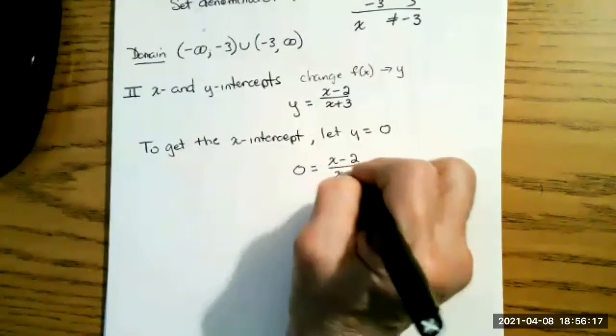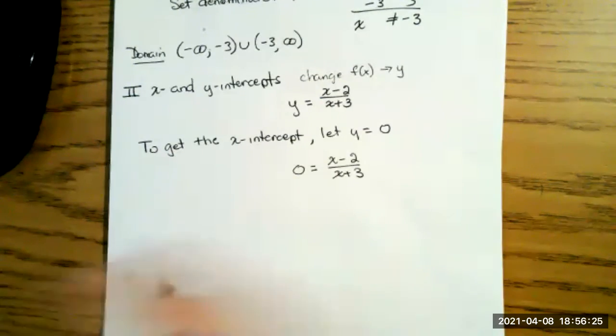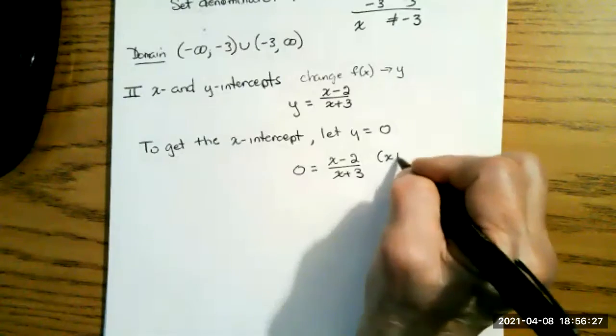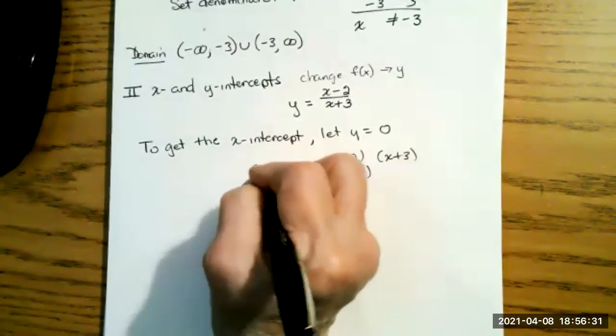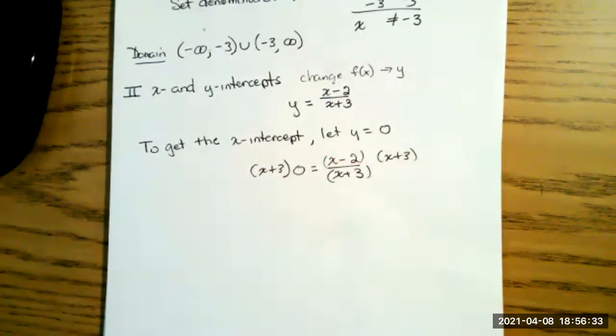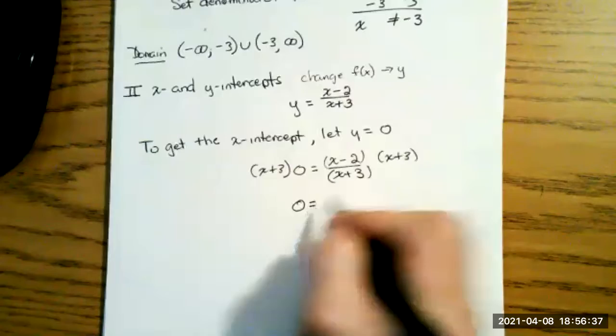I have this problem. Well, I want to solve it, so I can either cross multiply or I can multiply both sides by the denominator. The denominator is actually a little group, x plus 3. And x plus 3 times 0 is still 0.